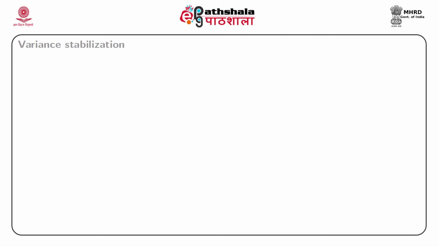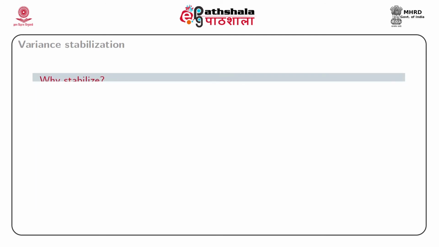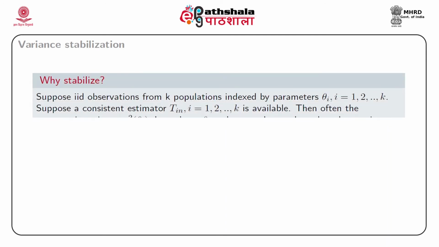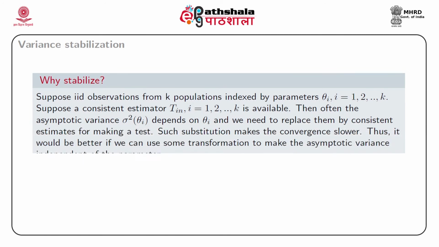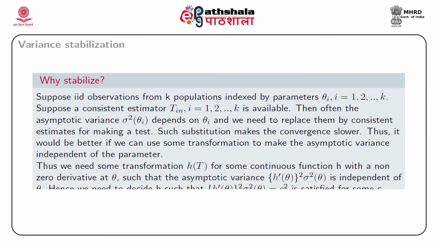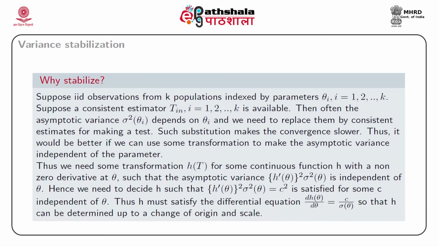Next, we come to another interesting aspect, which is known as variance stabilization. So, the first question is, why stabilize the variance? Suppose IID observations from k populations indexed by parameters theta i are available. Suppose a consistent estimator Tin separately for the k populations is available, then often the asymptotic variance sigma square theta i depends on theta i, and we need to replace it by consistent estimates for making a test.